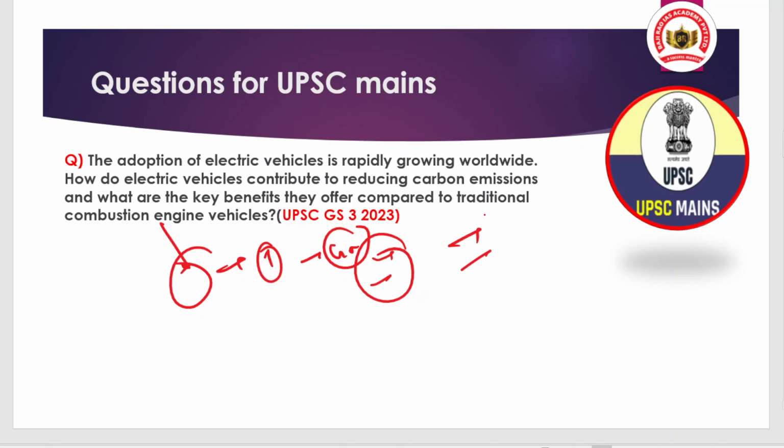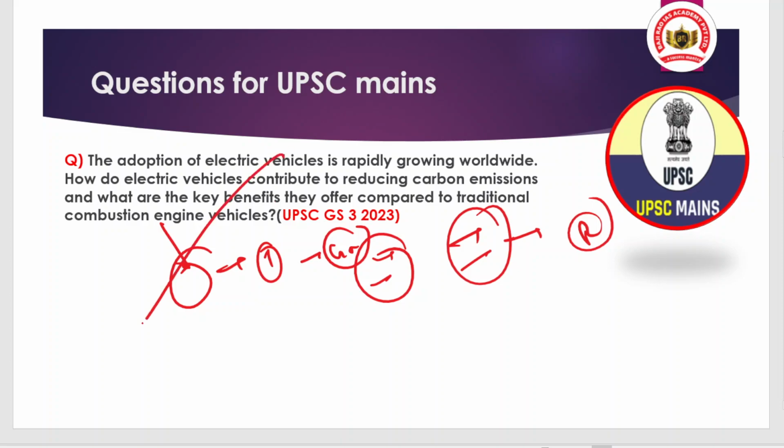So what are the alternative sources? That we should develop technology so that the carbon emissions should not occur. So in different sectors we are trying to promote the alternative sources, whether it is in the field of renewable energy, whether it is in the field of the automobile industry, we are promoting that.